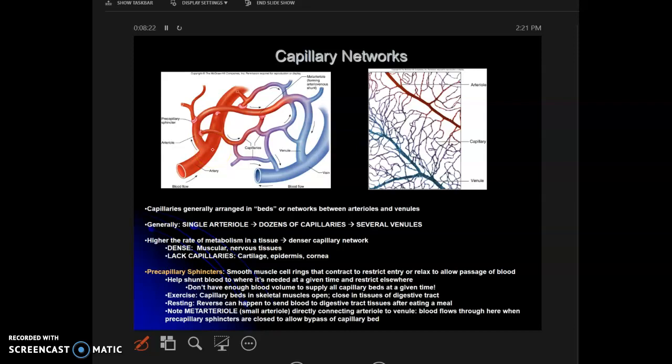But say for example, when you have finished digestion, or when you are in class and you really want to think, or you really want to pay attention, then more and more blood will be going into your brain. Why? Because of course your brain cells are being used, right? So at that time those sphincters will open up. So in this way it will restrict or control the entry and the passage of blood. So this will allow shunting of blood where it is needed. All right.